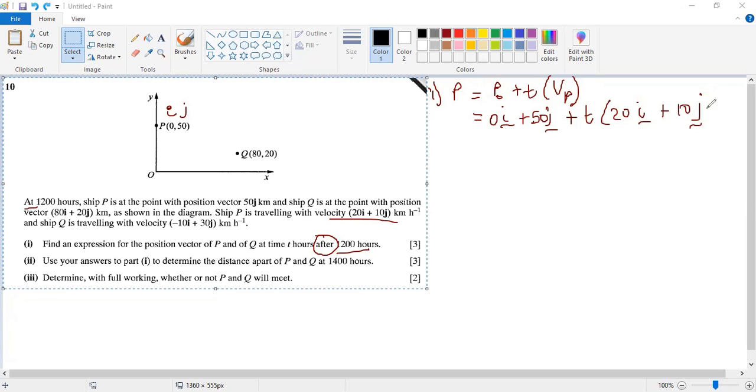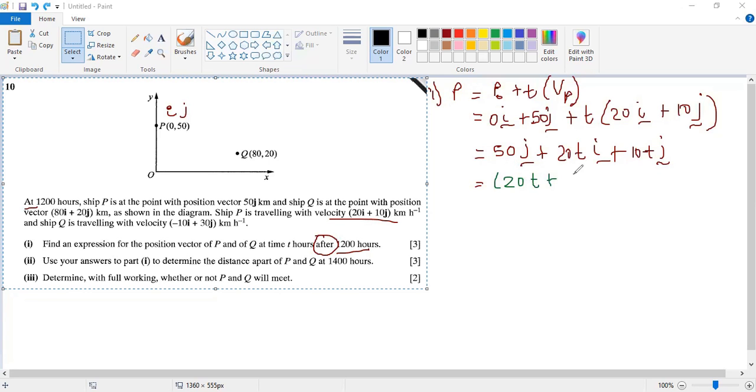Whenever we write a vector, we put a small line there because we can't write bold with a pen. If we're typing, we use bold. So 50j plus 20ti, just like normal algebra. Please treat the vector components like normal algebra, like terms and so on. So these two are like terms.